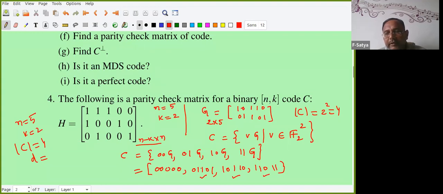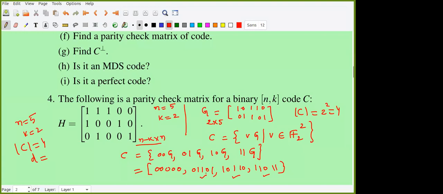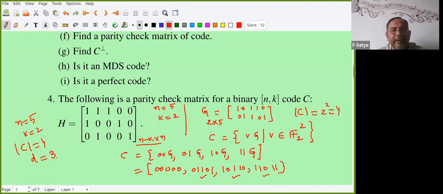What is the weight of this code word? 3. This one 3. This one is 4. But so minimum is 3. So distance is 3. Okay, do you understand how to find the distance of the code?